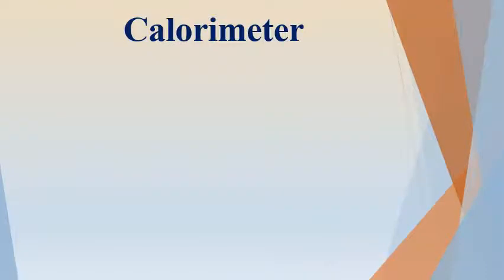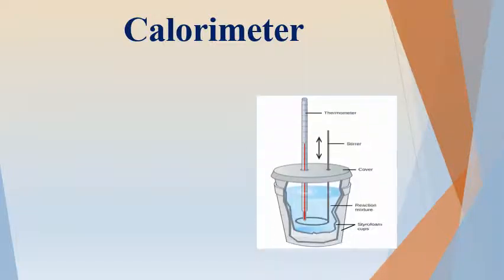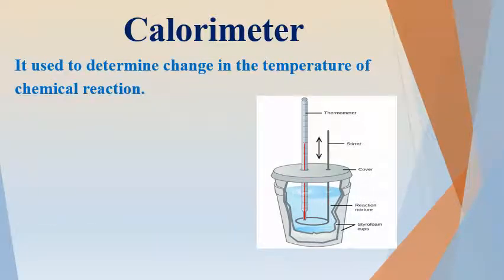Now I will talk about the device which is called a calorimeter. A calorimeter is used to measure the difference in temperature of the chemical reaction. This is the picture of a calorimeter.